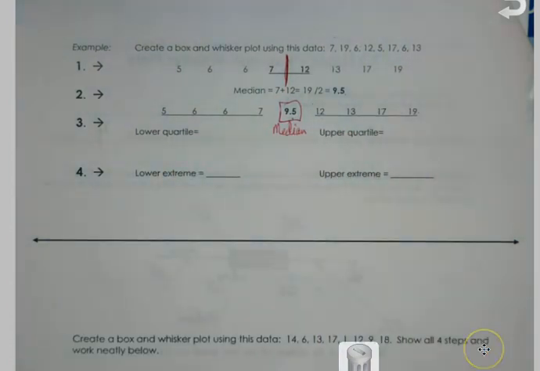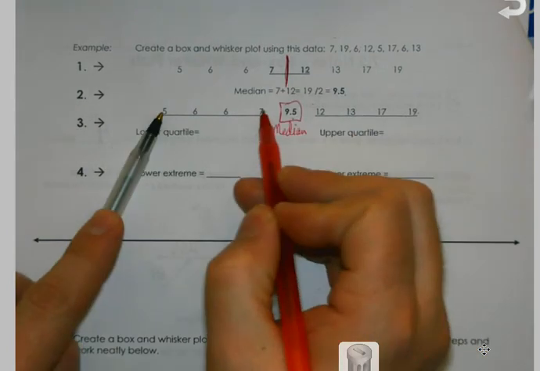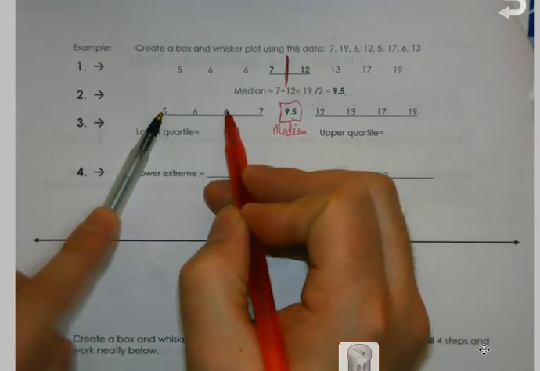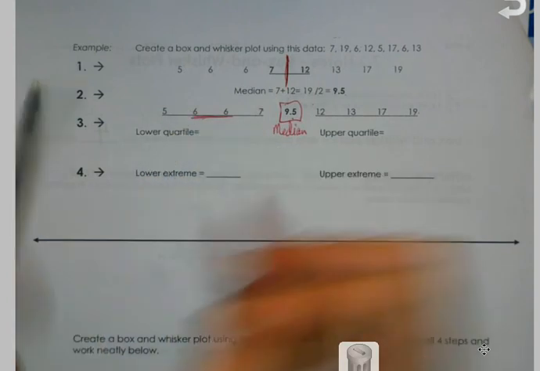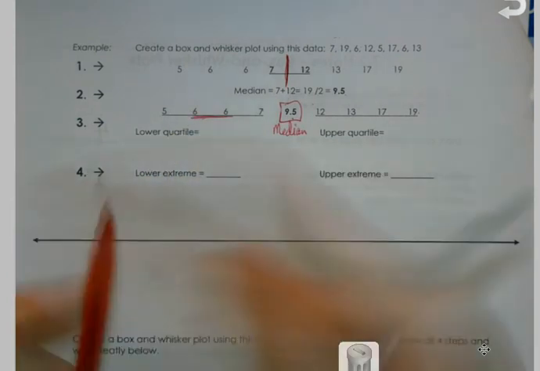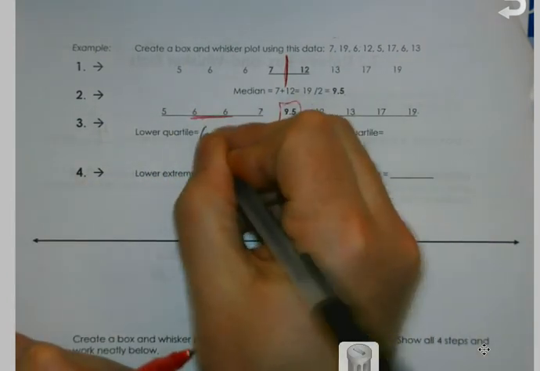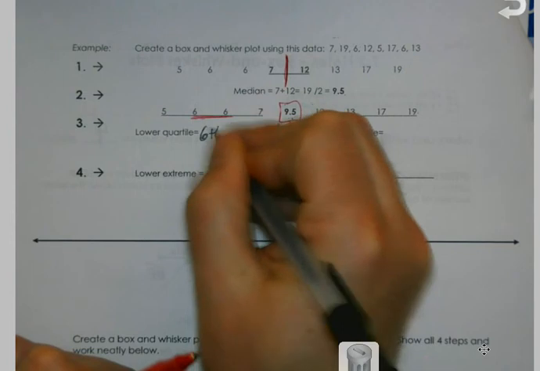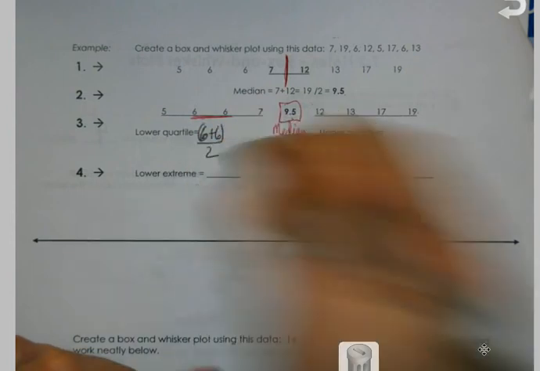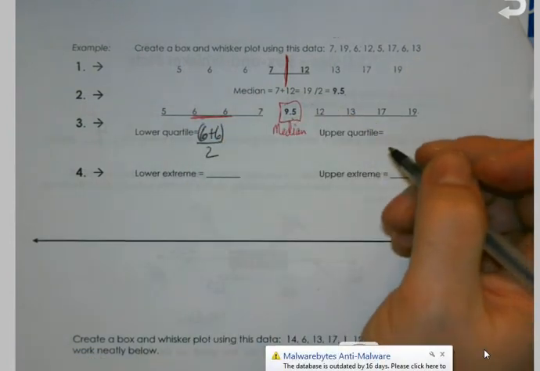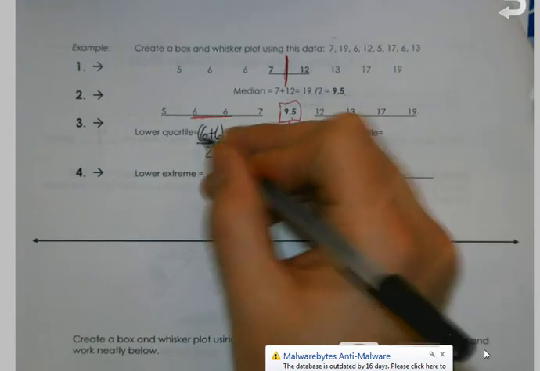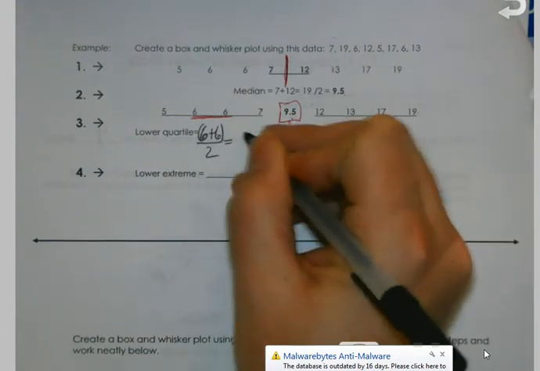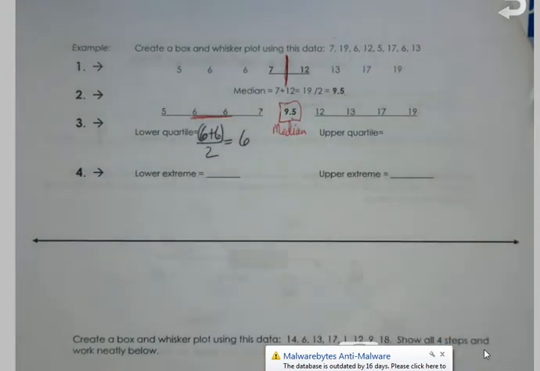So when I try to find the lower quartile, I start from the edges, and I start counting in, so it's these 2 values I'm working with. I know you probably know the answer already, but it's good to get used to doing it here. If there's 2 middle values, we just add them up and divide by 2. 6 plus 6 is 12, divided by 2 is 6. So that's my lower quartile.